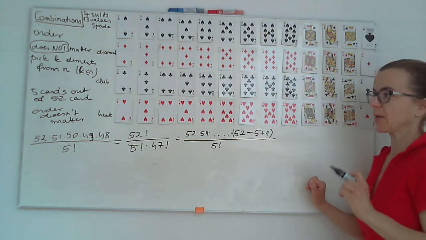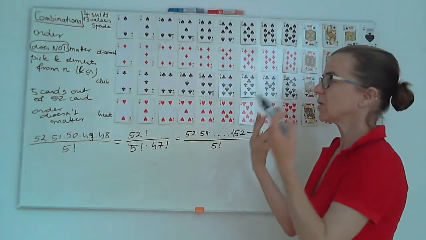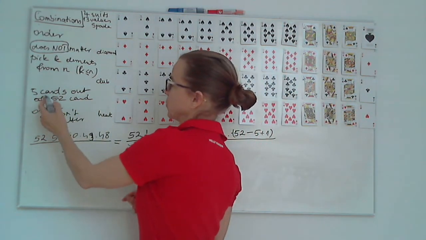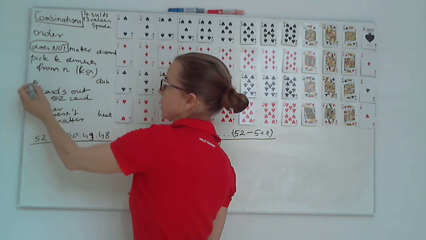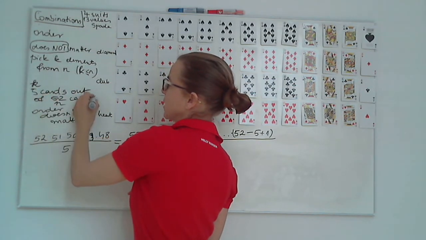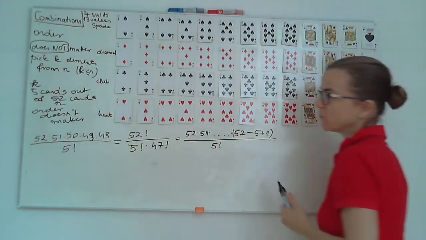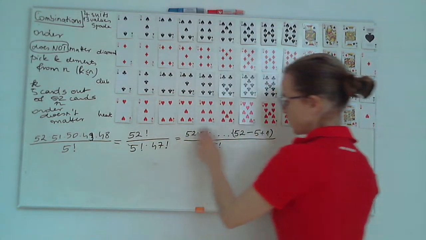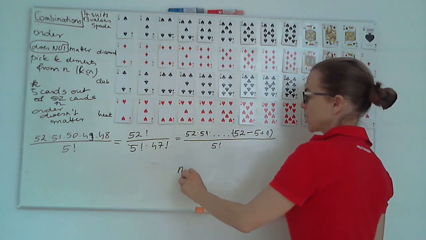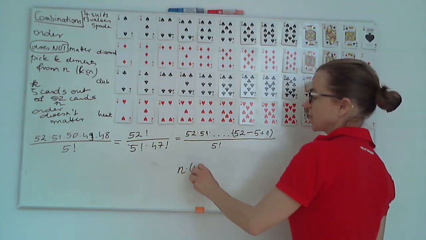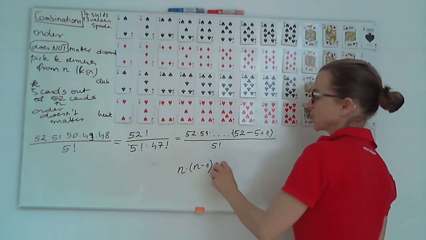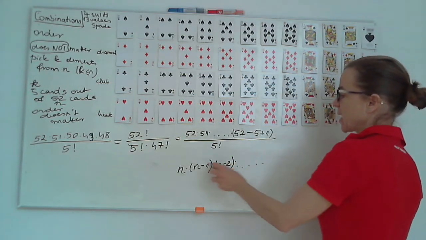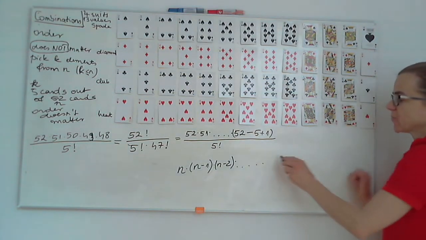Okay, so let's see how this looks when instead of 5 and 52 we talk about picking K cards out of N cards. When we pick K cards out of N cards, then I will start with this form. From N cards, first one can be any of the N, then any of the N minus 1, any of the N minus 2, and I go down having all together K factors.